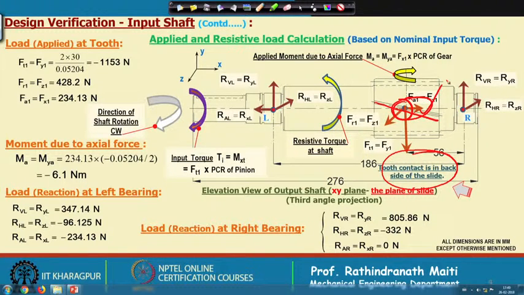Now, the load on the right hand support bearing, due to the tangential load and the radial load, will be more than the left hand side. So, we have locked this left hand bearing. If you remember the drawing when developed, we locked the left hand bearing.